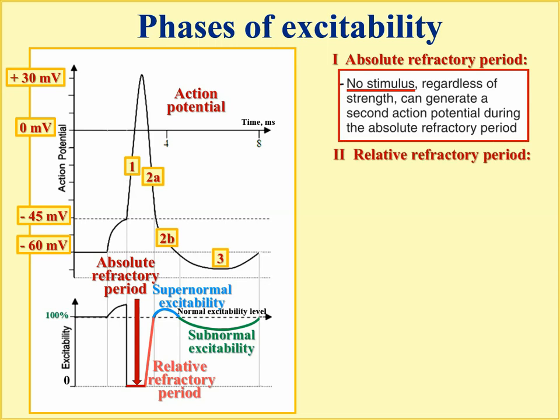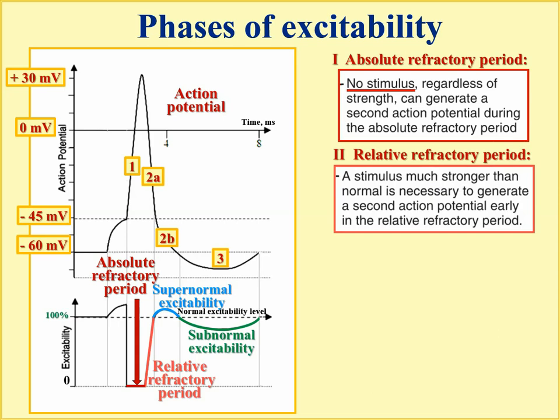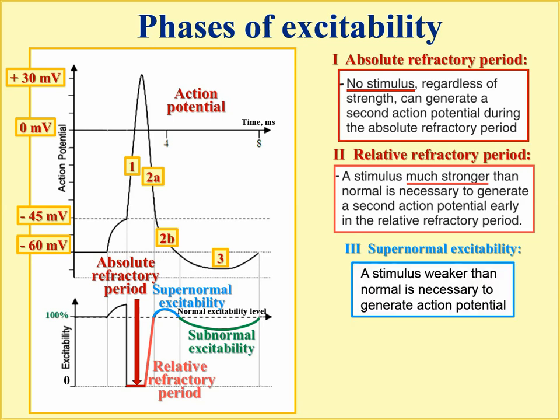Then the relative refractory period is different, because a stimulus much stronger than normal is able to activate the membrane and produce an action potential. Fewer channels are ready to open, but with a very strong stimulus, finally we can reach the threshold and produce an action potential. Then, supernormal excitability. This period is very short, but nevertheless, during this period we can produce an action potential with a stimulus even weaker than normal.